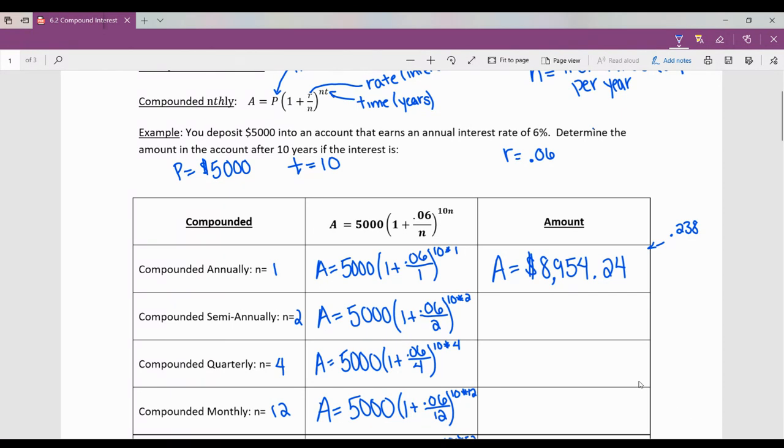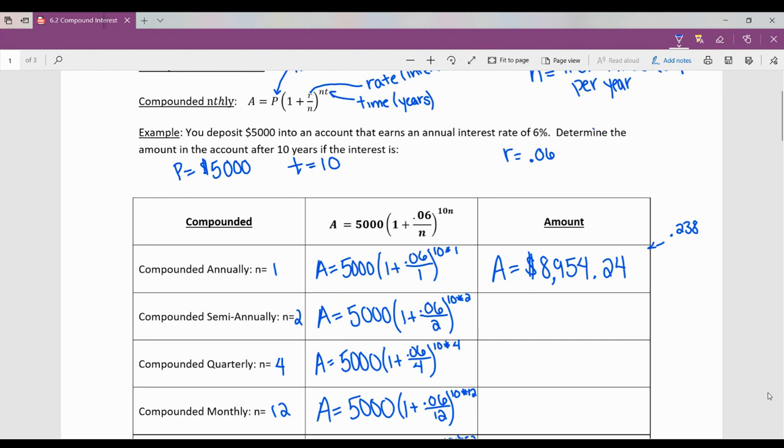So we're going to go ahead and go through this next one. So I take my calculator and I do 0.06 divided by 2, and then I do plus 1 to that value. Then I'm going to do my exponent raised to the 10 times 2 is 20, so we're going to do raised to the 20, and then we're going to multiply that value by 5,000.